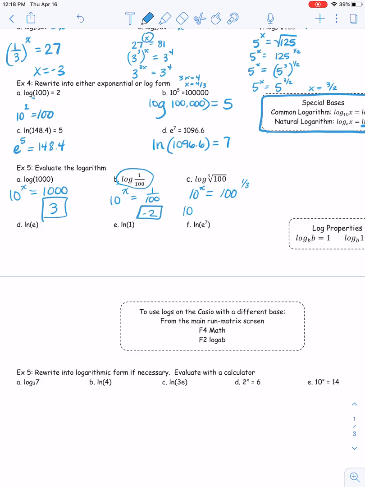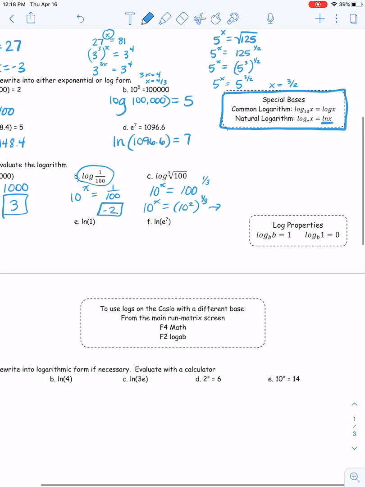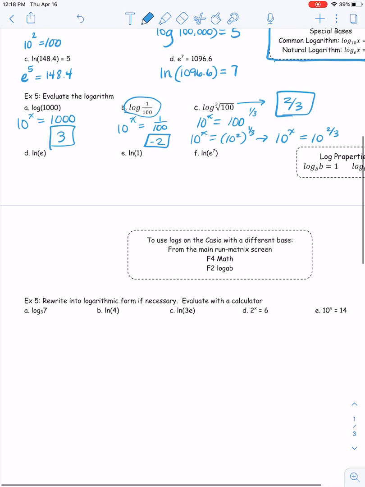So if I have 10 to the x equals 10 squared raised to the 1/3 power, raising a power to a power, I multiply. So that's really 10 to the x equals 10 to the 2/3. So that means this log is equal to 2/3.